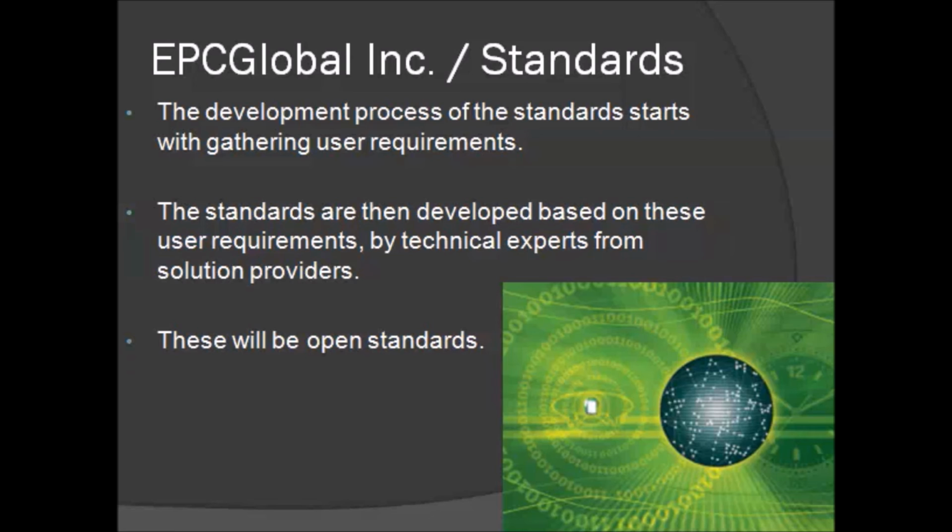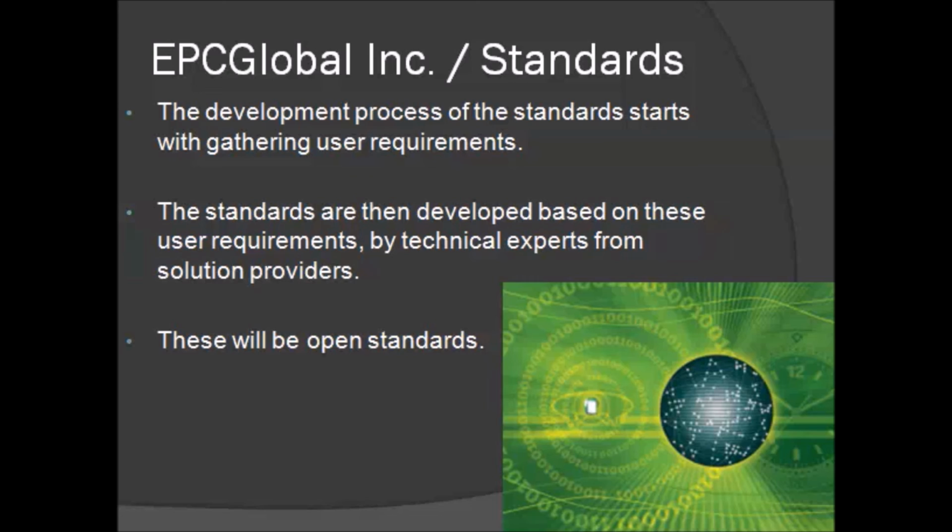So the EPC Global is a subsidiary of Global Standard 1. EPC Global is user driven. The same companies that are using the standards, specifications, and publication of the EPC Global are also the ones involved in developing and maintaining this.